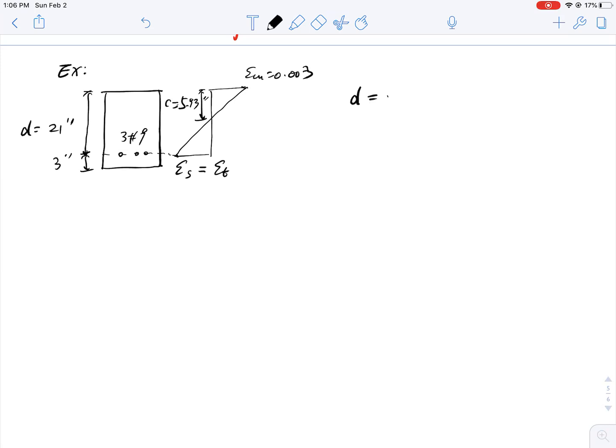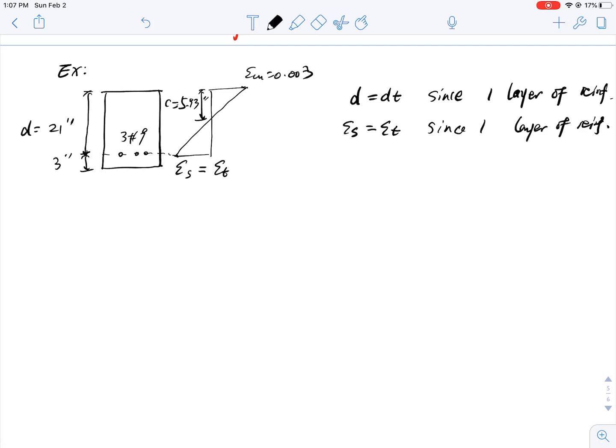So let's write down something we already know. The depth d equal to dt, which means I only have one row, since one layer of reinforcement. So my strain in the center of the steel equals the strain in the last layer of the steel, since also one layer of reinforcement.